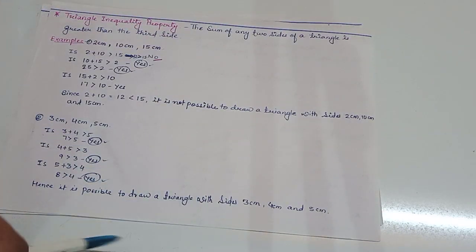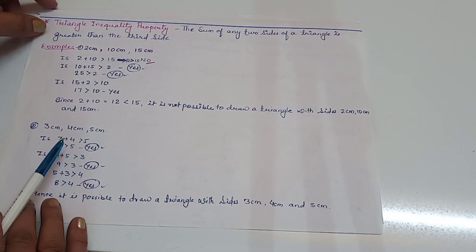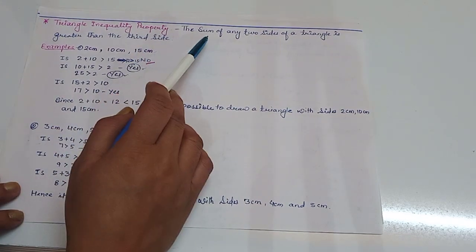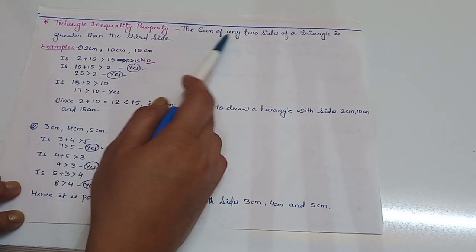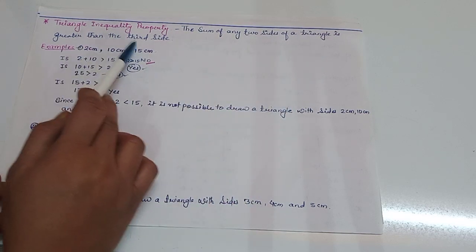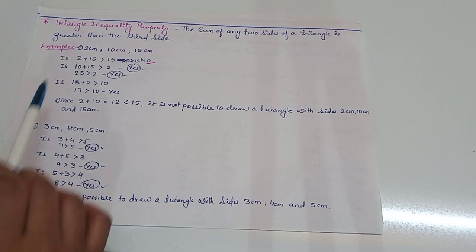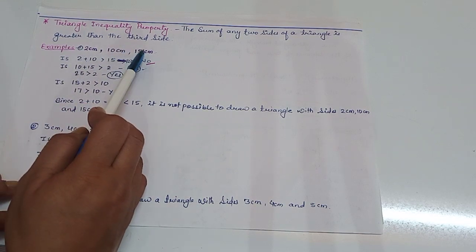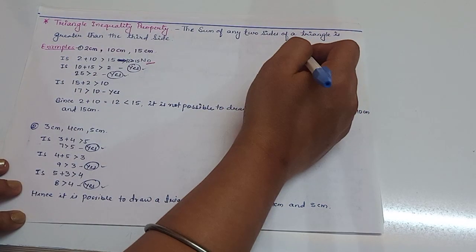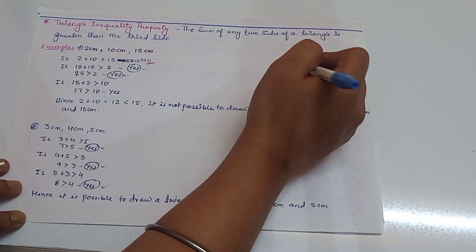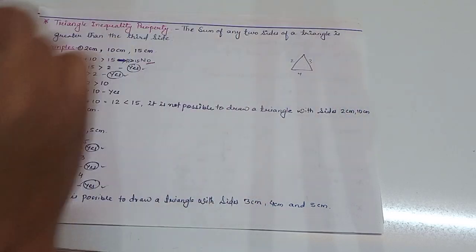Now coming to the next topic, which is the triangle inequality property. The triangle inequality property states that the sum of any two sides of a triangle is greater than the third side. Like here, three sides of a triangle are given to you: 2 centimeters, 10 centimeters, 15 centimeters. It's not that if I take any three lengths they will definitely form a triangle.